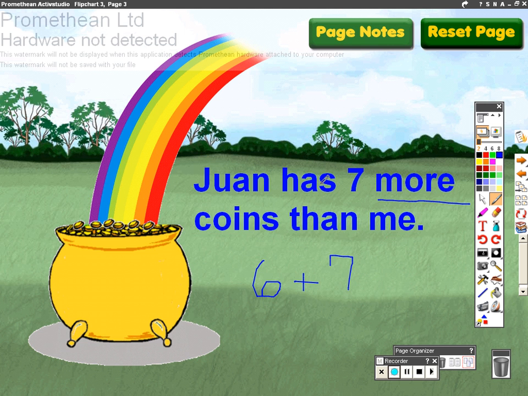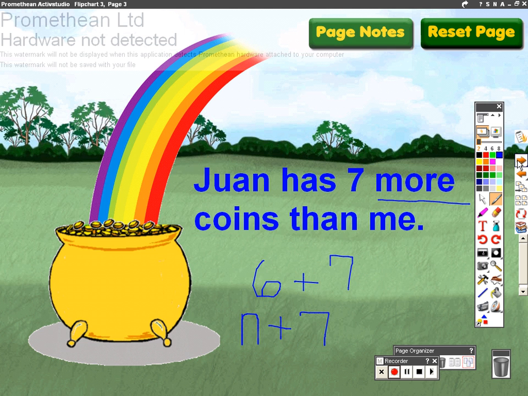So I know Juan has 7 more than me. But what if I didn't tell you how many coins I hid behind here? I kept it a secret. Then it's going to be a variable. I can use n, I can use x, I can use the letter b, I could use the letter o for my last name, whatever letter you choose. So an equation will be n plus 7 because it's 7 more.